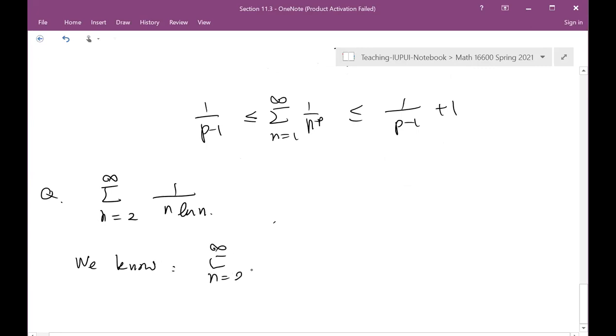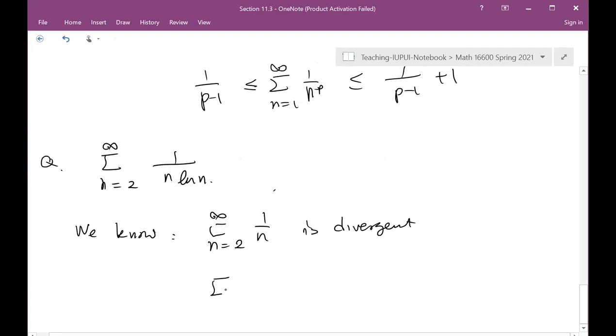This is called the harmonic series. We also know that when this power is 1 plus a small positive number, this is convergent. Why? Because p is 1 plus epsilon.